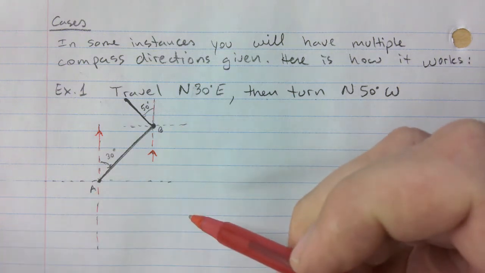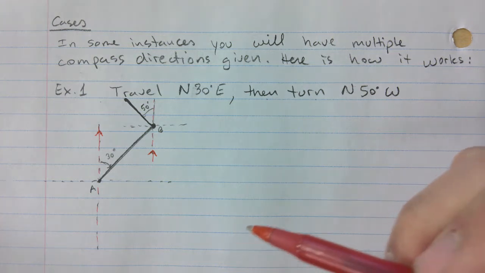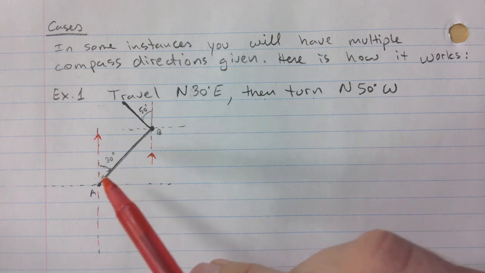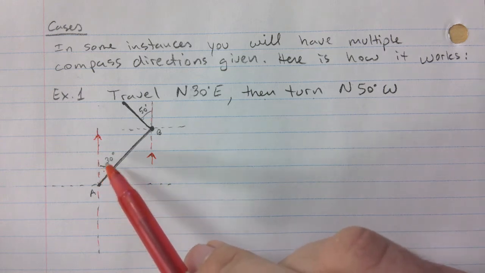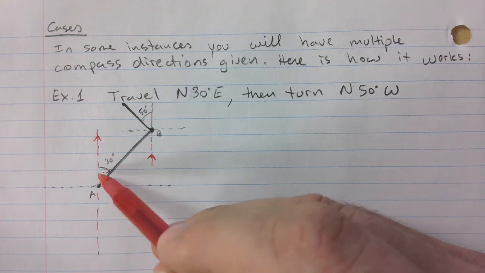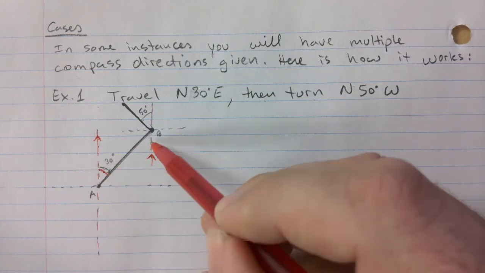Okay, but what I'm going to do here is, this is why I do chapter 2 before I do this chapter here, because the order really most of the time doesn't matter. How could the 30 jump over to this side over here? What is this angle and this angle?